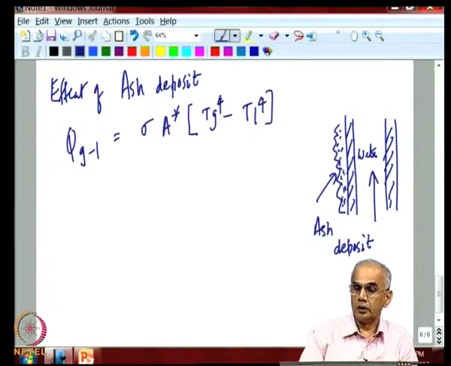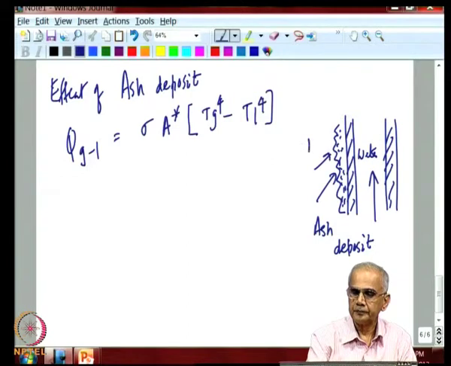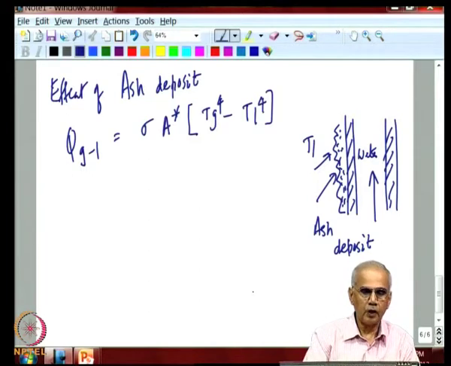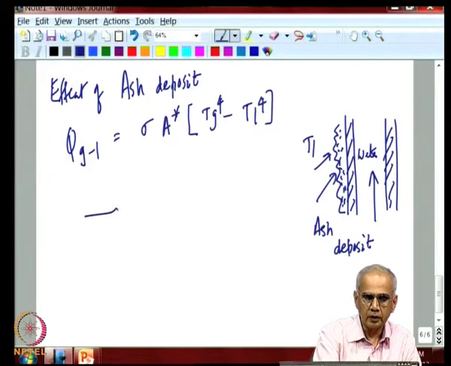Because of the ash deposit, this temperature T1 will increase, but it is an unknown quantity, we have to calculate that. So, how do we estimate? We calculate the heat transfer, the same heat that is transferred by radiation. So, we have a simple resistance model.